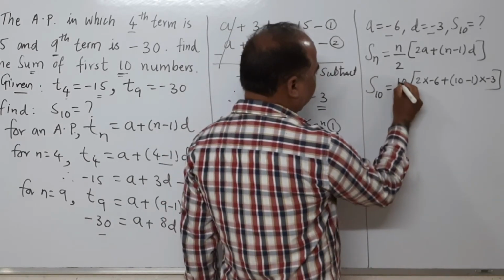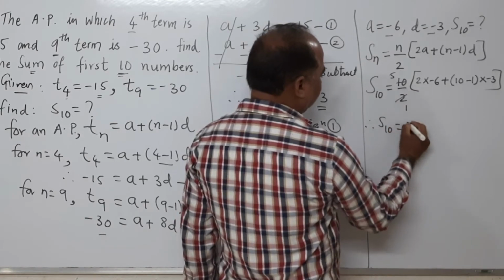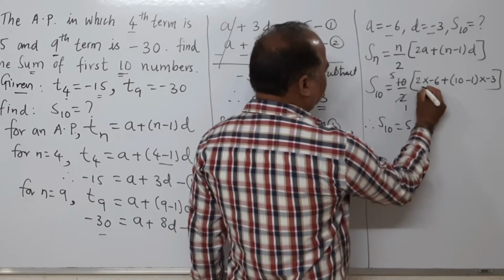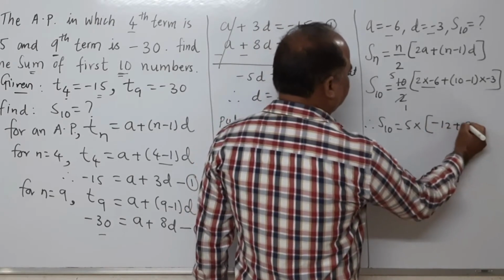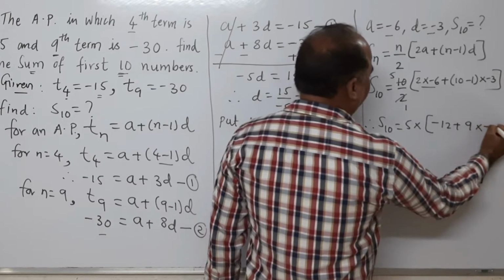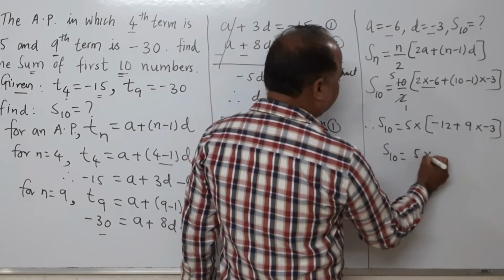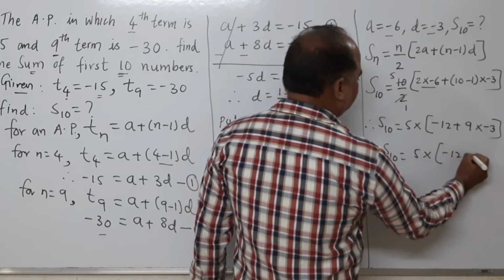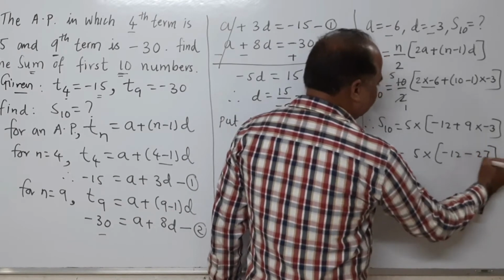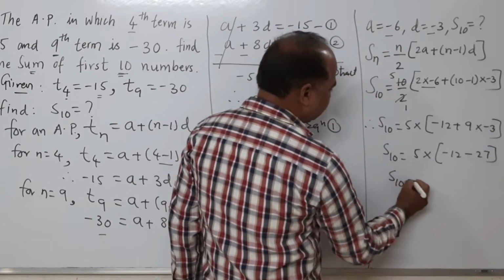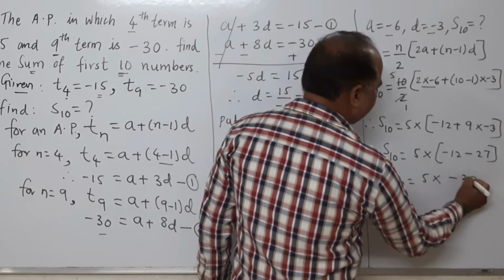Therefore, 2 fives are 10. S10 is equal to 5 into 2 into minus 6, which is minus 12, plus 9 into minus 3, which is minus 27. So S10 is equal to 5 into minus 12 minus 27, which is minus 39.